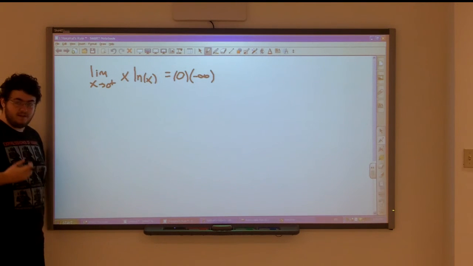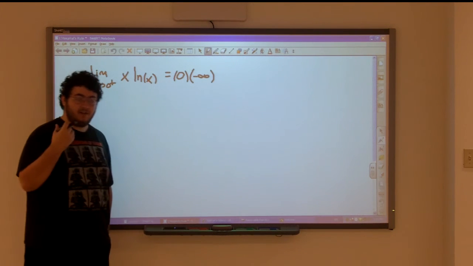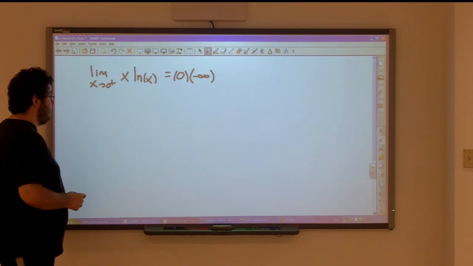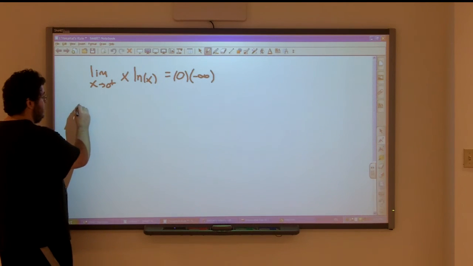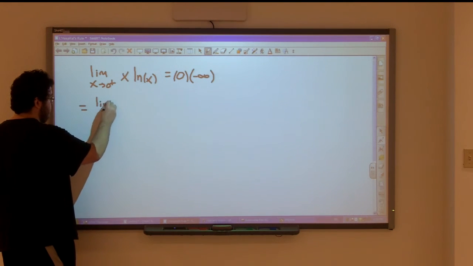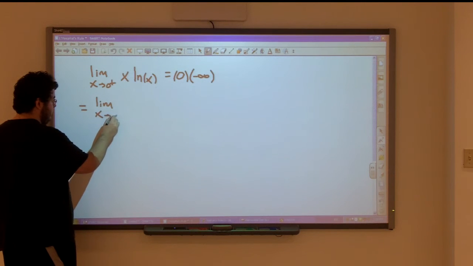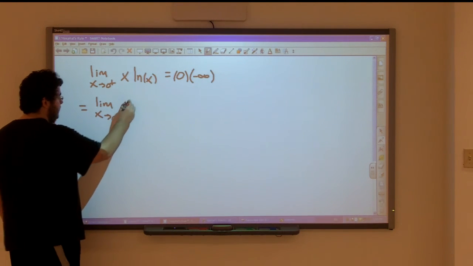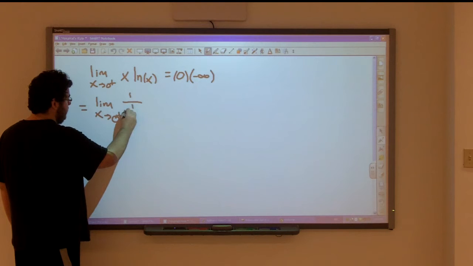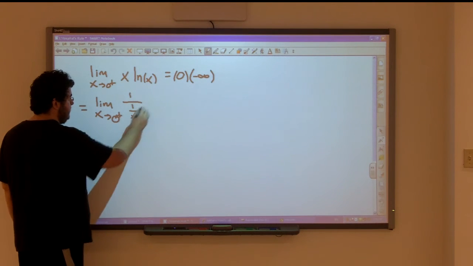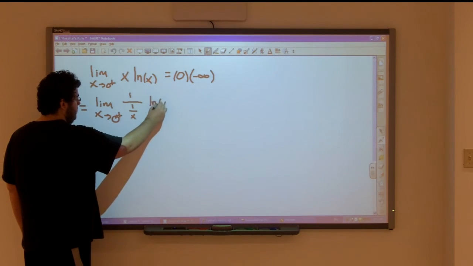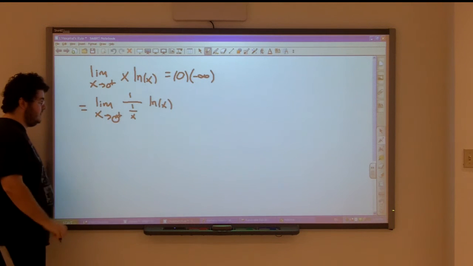So how can we make this look like a fraction to use L'Hopital's rule? Well, if you notice, we could write this as the limit of natural log of x over 1 over x.